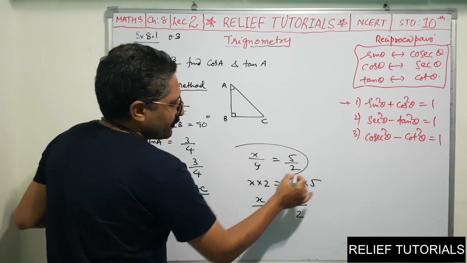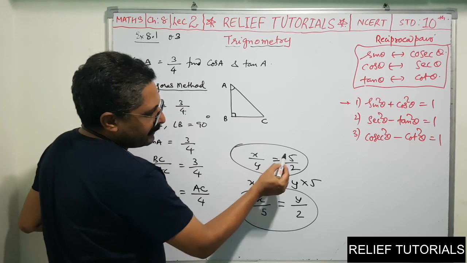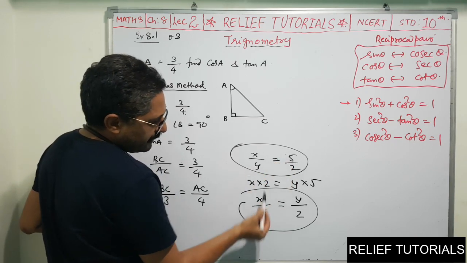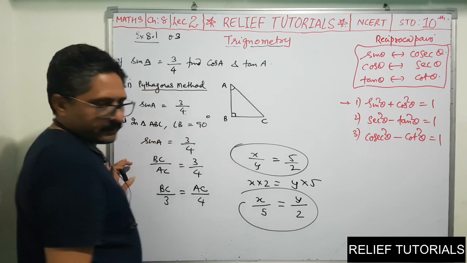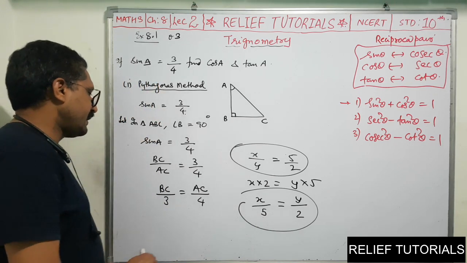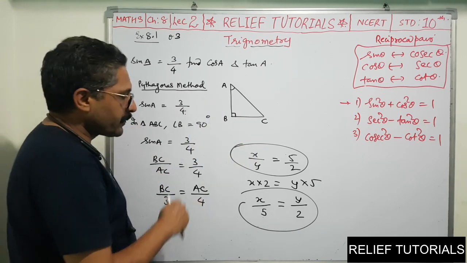So look at this ratio, the value will remain the same. What I have done here is this y reached here and this 5 came here. This is called alternendo. So here I can apply alternendo. We'll go into detail on all the properties of proportion in the later part of your chapter.